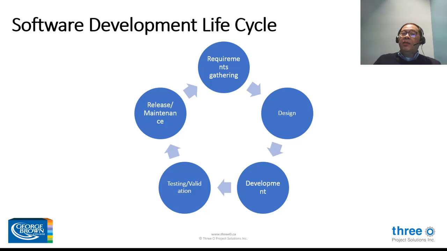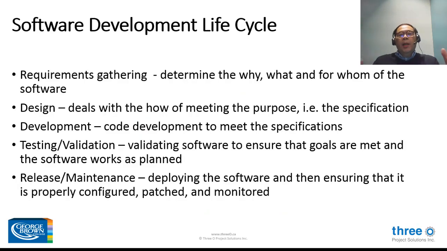And they're actually resembling the life cycle steps of the previous diagram of the system development life cycle. Okay, but let's take a look. Requirement gathering determines why, what, and for whom the software is built, for what reason. Design deals with how to meet that purpose, sometimes we call it specification.